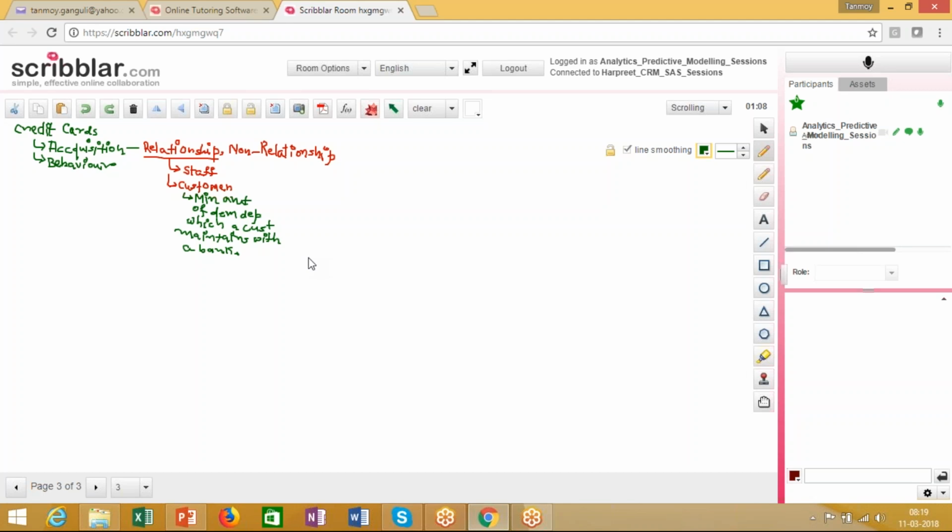Now, when this happens, for these relationship customers, a customer who maintains a relationship amount with the bank. Now, what is the importance of this relationship amount, or of this demand deposit?